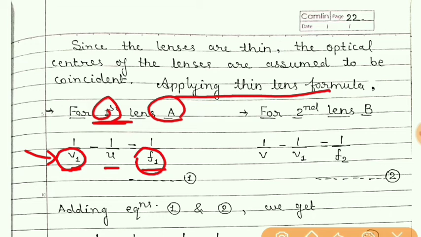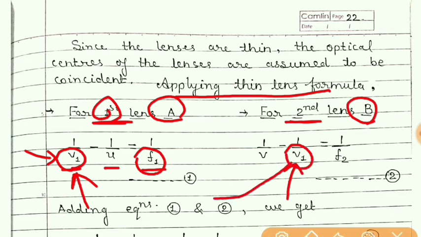Now students, this image formed due to the first lens becomes the object for the second lens. So you can see for the second lens, that is lens B, in place of object distance, what we have kept? V1. Why? Because this V1 is nothing but the image due to the first lens, and that behaves as an object for the second lens.